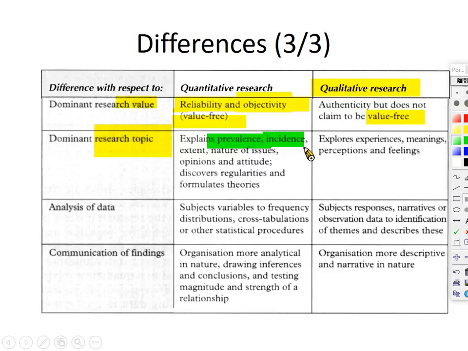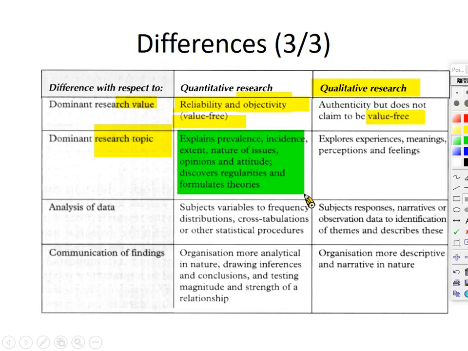To what extent, how many students here prefer to stay after school for a three-hour class? And how many of them refuse this? So what is the stand? What is the nature of the issue? And so on. These are the issues whenever it relates to the counting of numbers. We can use quantitative research to identify those numbers.